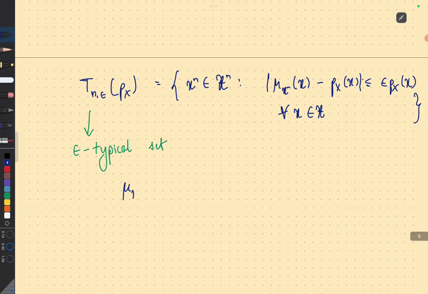And this particular quantity mu xn, which is the set of empirical frequencies of symbols in the sequence xn, we'll call the type of xn.